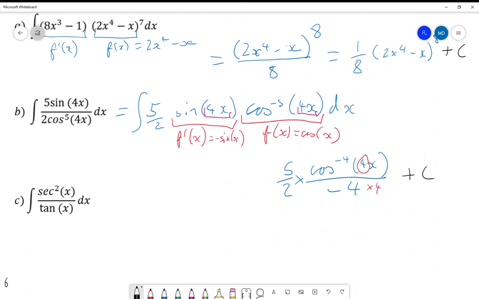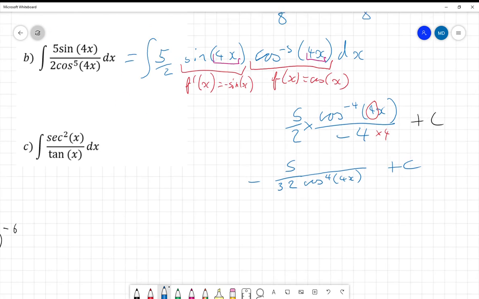And so we're going to end up with 5 over 4 times 4 is 16 times 2 is 32, so negative 5 over 32. And cosine to the negative 4, we can put that on the denominator, cosine to the power of 4 of 4x plus c.